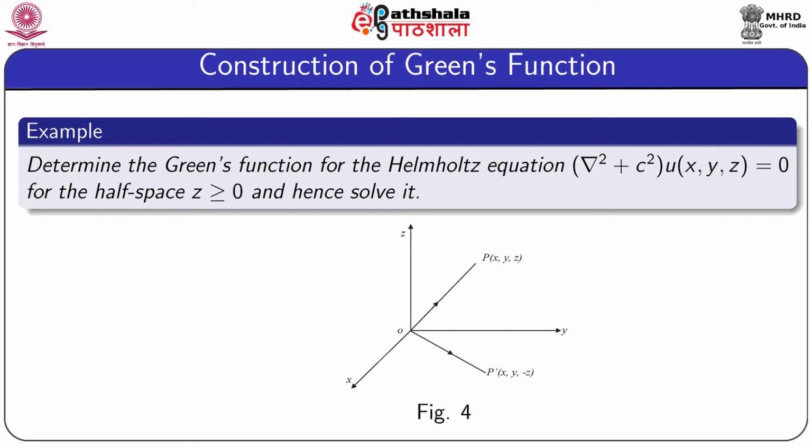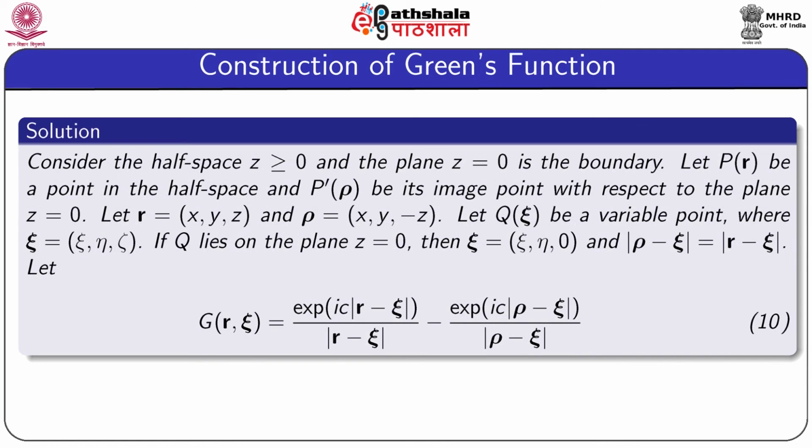So, if P has Cartesian coordinates x, y, z, then P dash must have Cartesian coordinates x, y, minus z. And we also assume Q is a variable point in the space z greater than or equal to 0, and xi vector is equal to xi, eta, zeta.